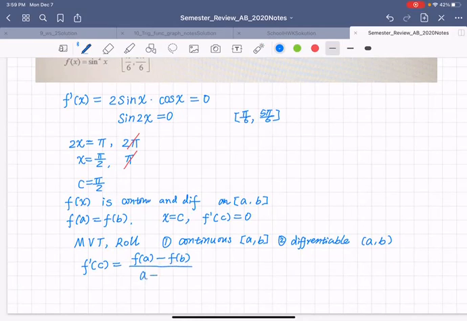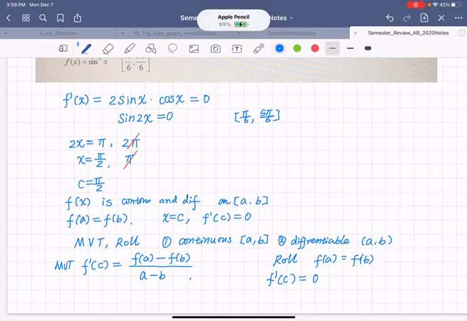For Rolle's theorem, because you already showed f(a) equals f(b), your f prime c equals f(a) minus f(b) over a minus b, which is 0. Does that make sense?